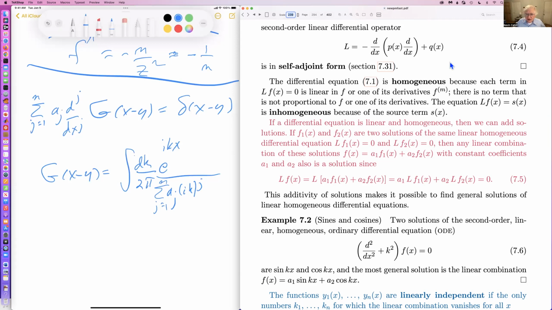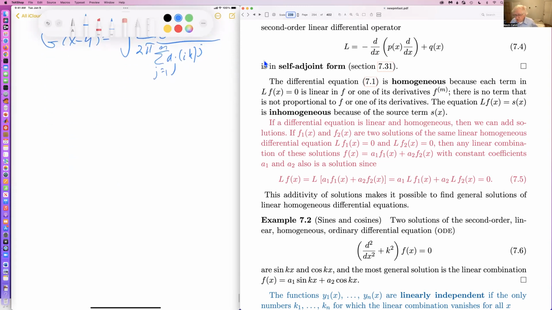Now, I refer here to differential equation 7.1. In fact, now that I think about it, 7.1 was not a differential equation, it was a differential operator. So a differential equation of the form L f of x equals 0, this is homogeneous because of the 0 here.